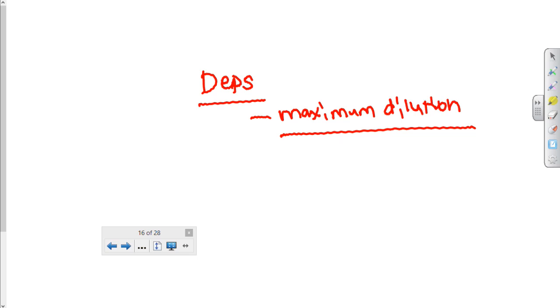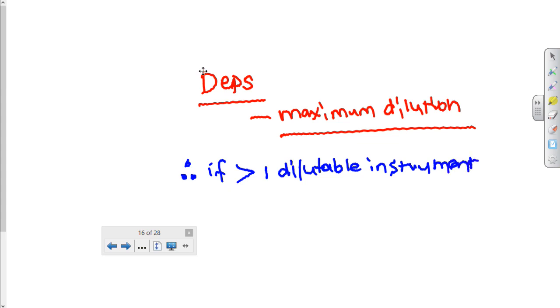In order to get to maximum dilution, when I have more than one dilutable instrument, and in our assignment question we have 2, we first have to work out the sequence. So when there's more than one dilutable instrument, first do sequence of dilution.